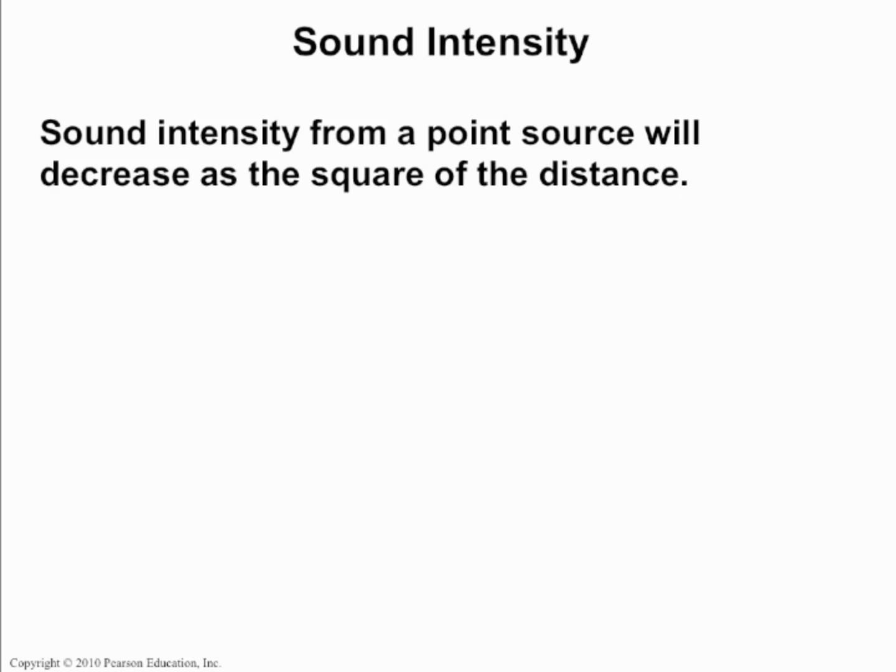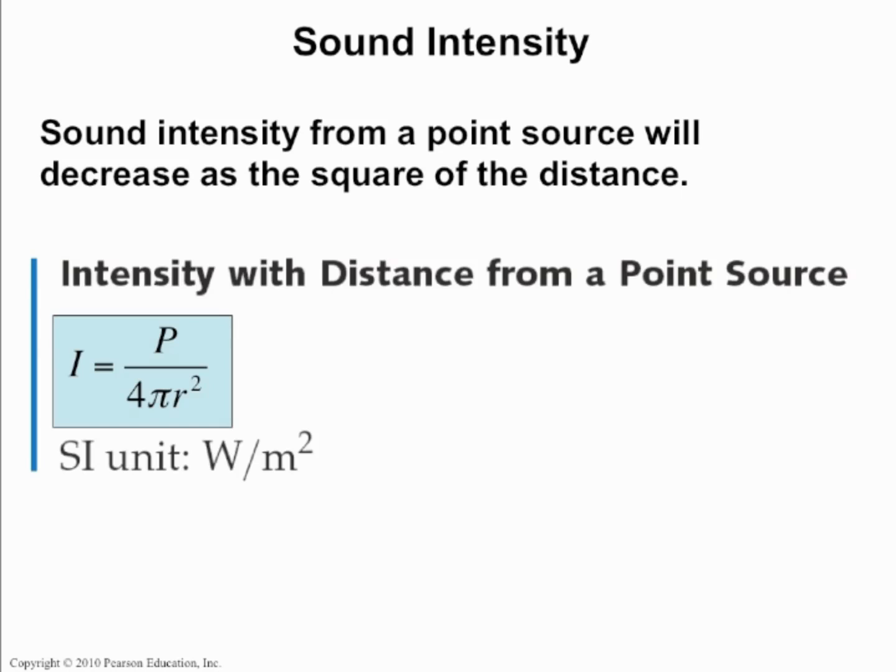All right, so this definition looks like this. I equals P over 4 pi r squared. Now, don't worry, this isn't going to be some kind of big formula to derive. It's actually a lot simpler than that. We already know that I equals P over A from the last screen, and that's just by definition of sound intensity. And now the reason we're replacing A with 4 pi r squared is because that's simply the surface area of a sphere.